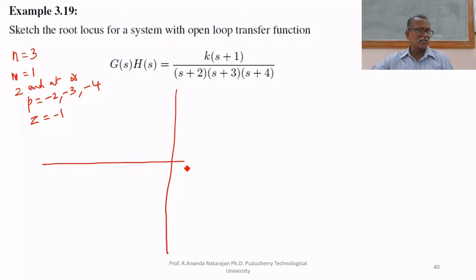Sigma j omega, S plane. The zero is at minus 1. At minus 2, one pole is there. At minus 3, another pole. At minus 4, another pole.